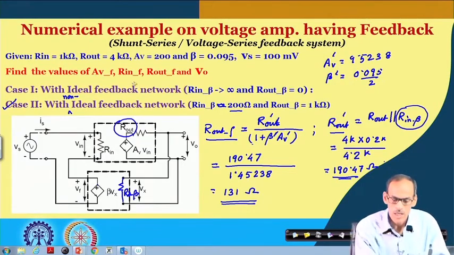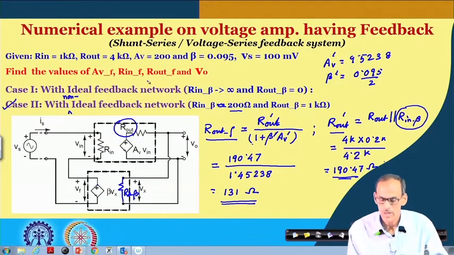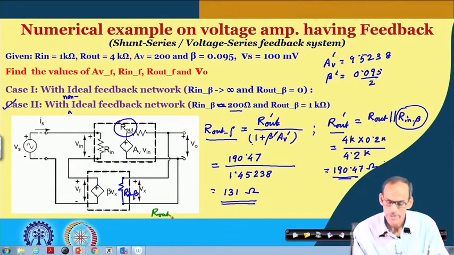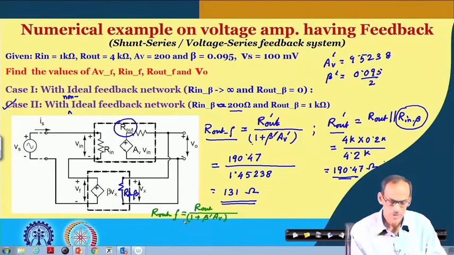So, similar to R in F, for R out also we have an alternate expression. What is the corresponding expression? This R out divided by 1 plus beta dash, but AV, okay, is without considering this resistance. Now, if this appears, we need to consider R in beta in series.